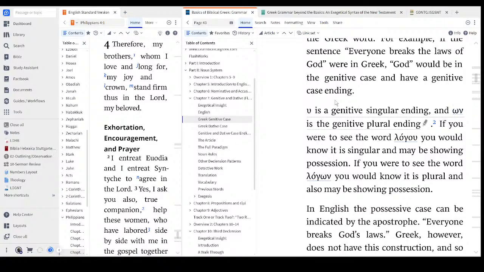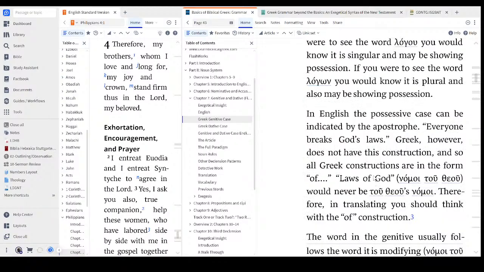If you were to see the word logou, you would know it is singular and may be showing possession. If you were to see the word logon, you would know that it is plural and also may be showing possession. In English, the possessive case can be indicated by the apostrophe: everyone breaks the laws of God, or breaks God's laws.